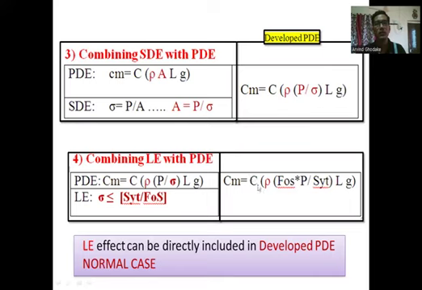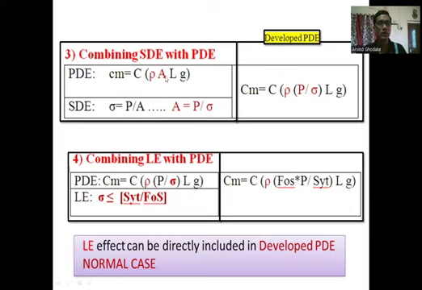Now in the next step we have to develop the new primary design equation when we combine the subsidiary design equation with the primary design equation. So here we are having the primary design equation, Cm is equal to C into rho into A into L into g, and subsidiary design equation sigma is equal to P upon A. So from here we are getting the area is equal to P upon sigma.